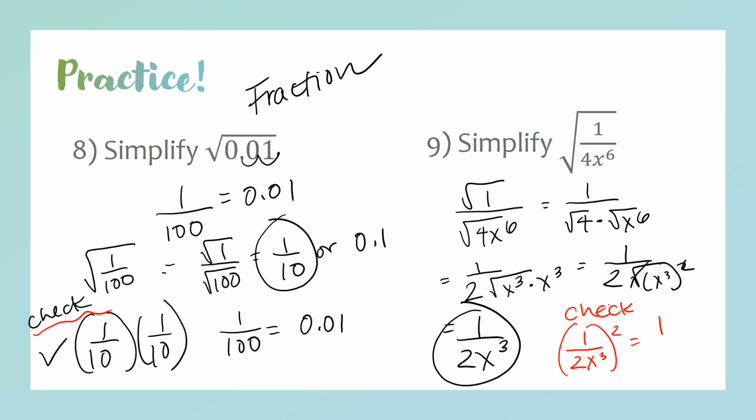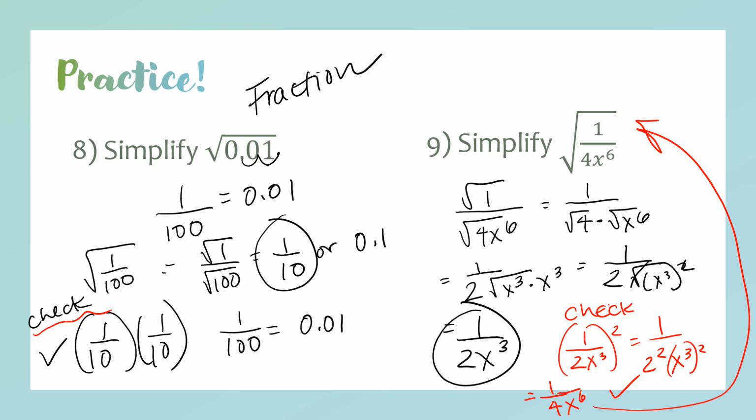And then it would be 2 squared x to the third squared. So that's 1 over 4, and then that would be x to the sixth, which is exactly what we had up here. Check, done. So there we go.